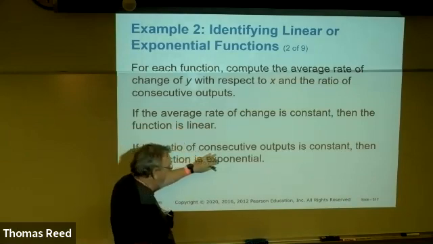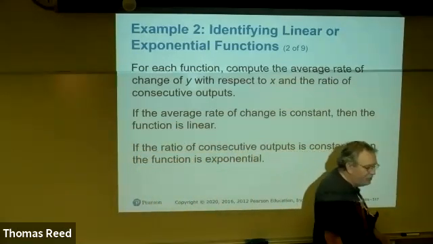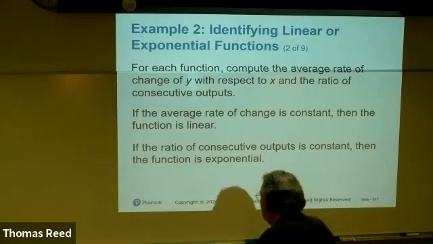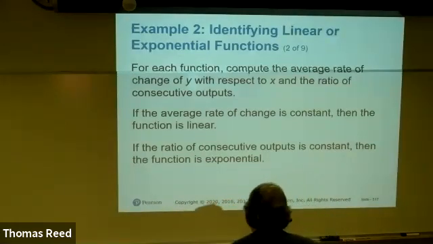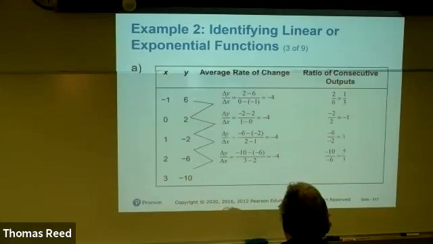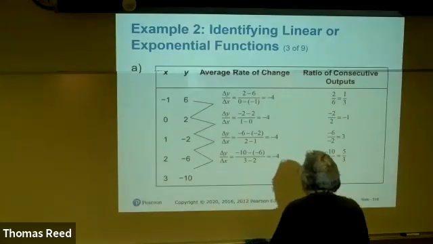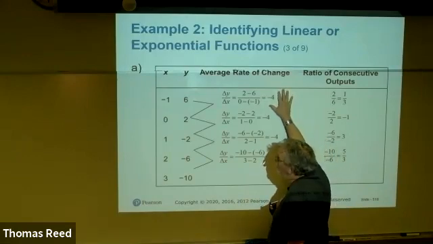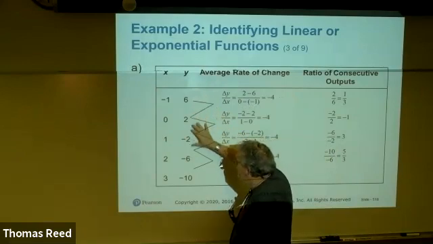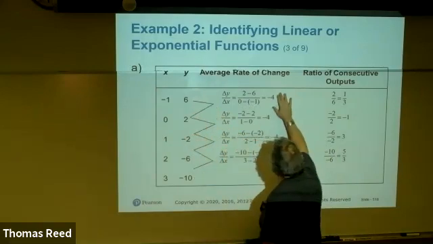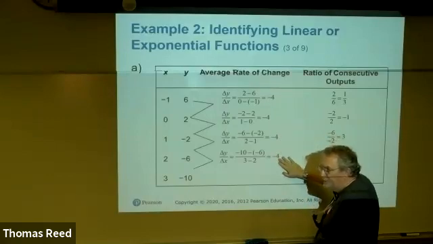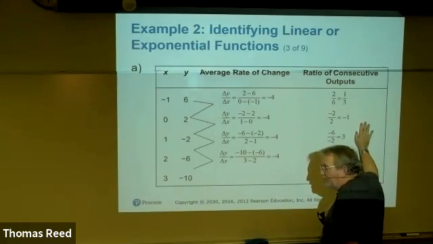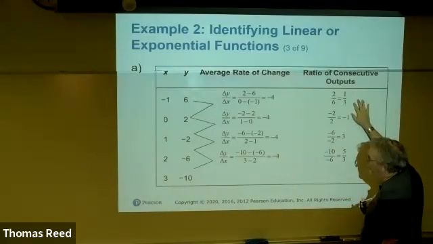If the ratio of the consecutive outputs is constant, where you create a ratio with the current divided by the previous, then it's exponential. The average rate of change is the slope formula between these 2 points, these 2 points, these 2 points, and these 2 points. If that is the same, then it's linear. And if it's linear, there's no way it's going to be an exponential, but they went ahead and checked anyway.